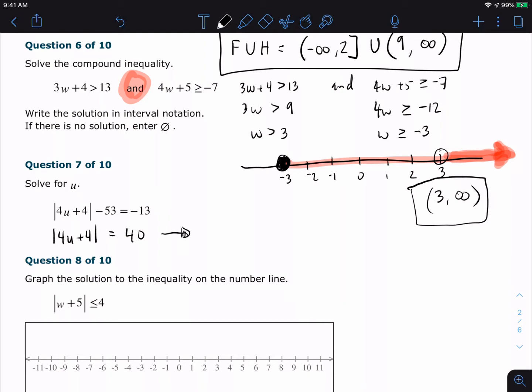And here's the trick. There's going to be 2 possible solutions. I'm going to have 4u plus 4 is equal to 40, or 4u plus 4 is equal to negative 40. So it's going to be the positive case or the negative case. You guys with me?